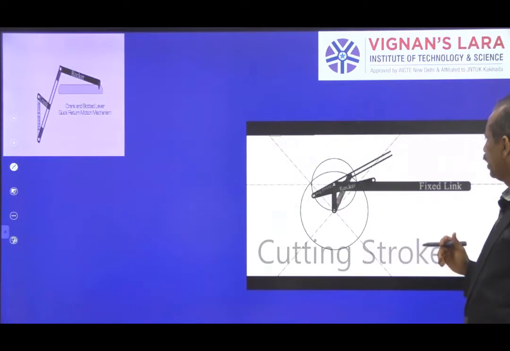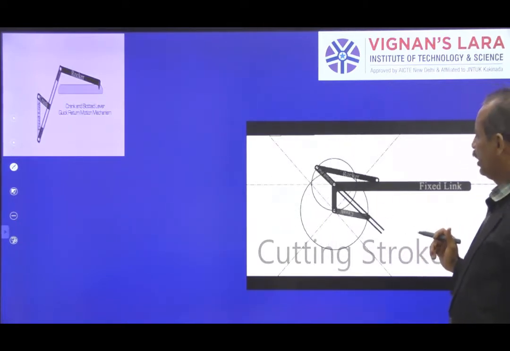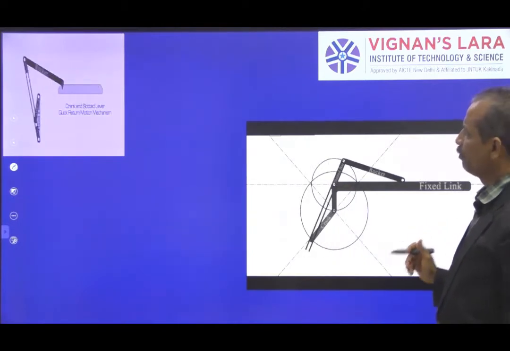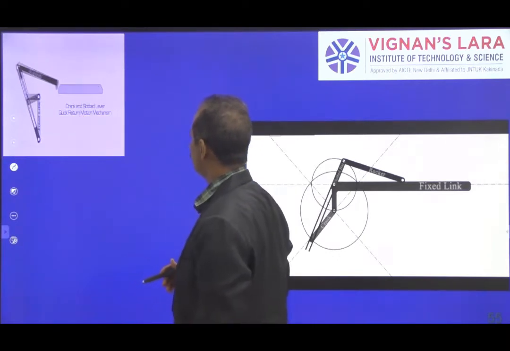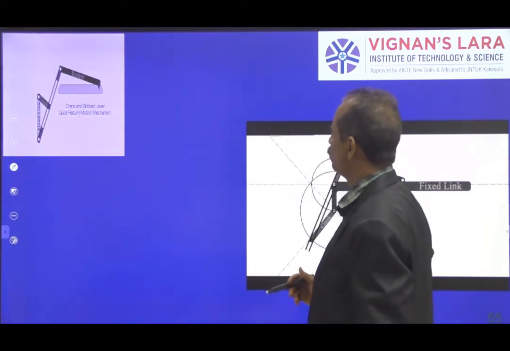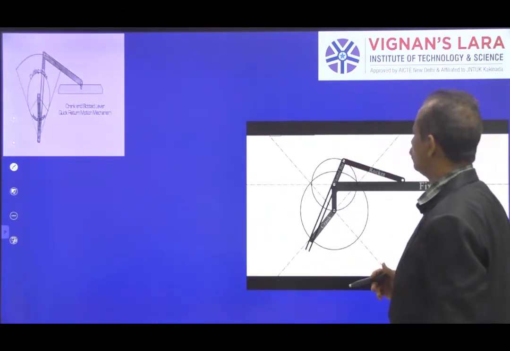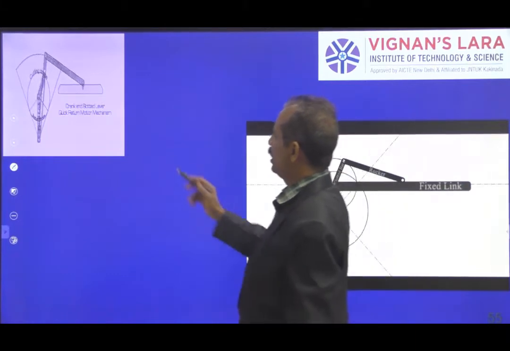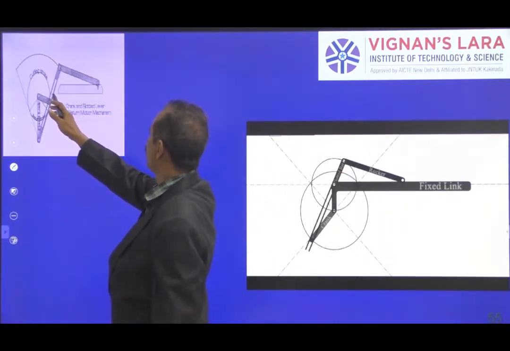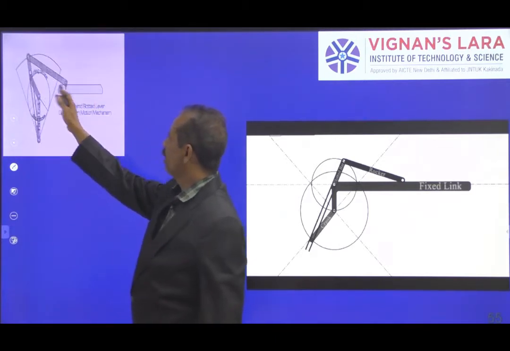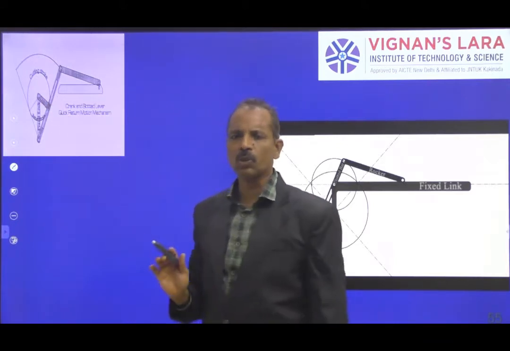You can see what is happening in the cutting stroke and in the return stroke. There is a cutting tool which is causing cutting action by moving your cutter. So there will be a forward stroke and a return stroke.